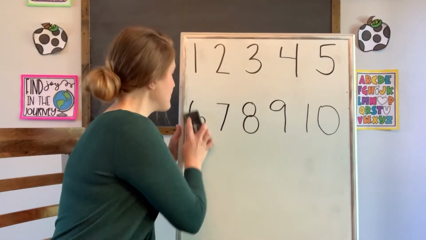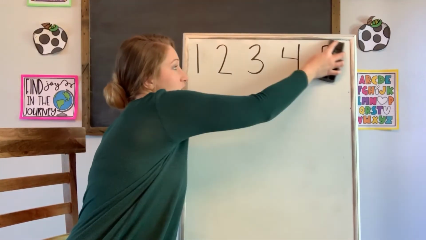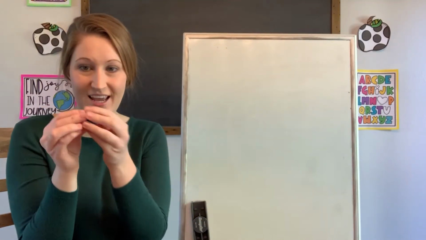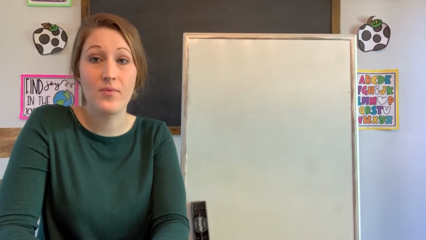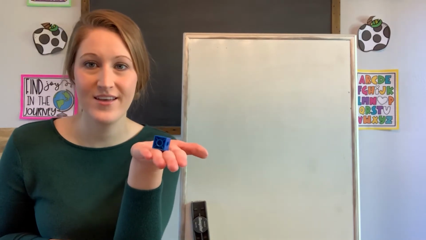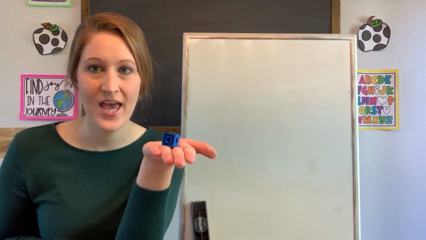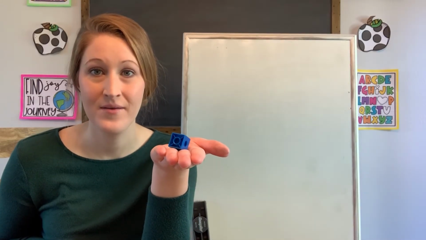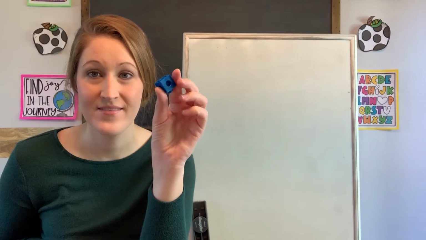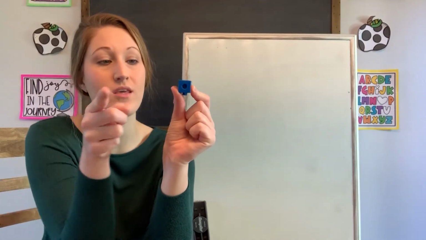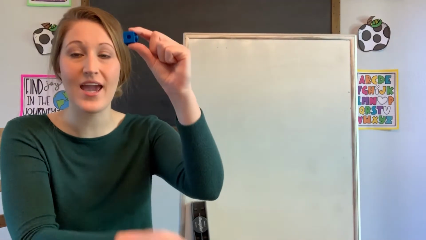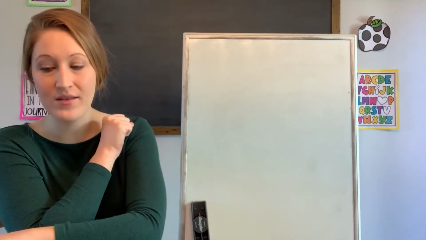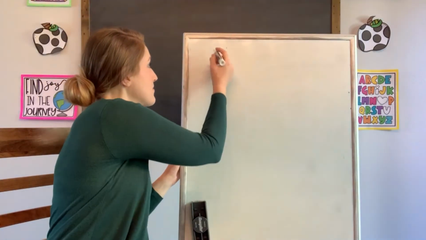The groups of objects that we're going to be using today are cubes. And I have some colorful cubes here with me today. So, let's look at our first set. How many cubes do you see here? That's right, there's one cube. If I was going to count my cubes, I have one. So I can represent that one with a written number.